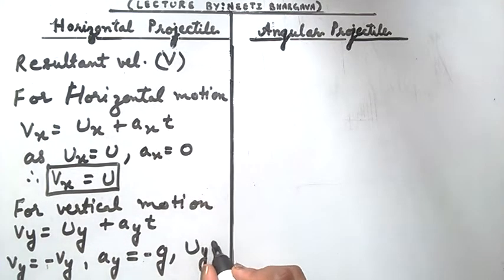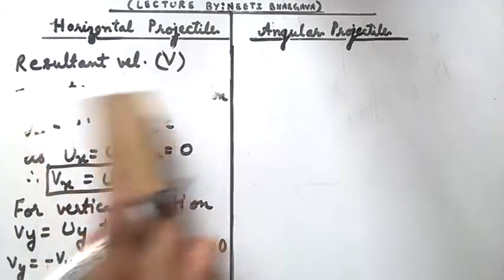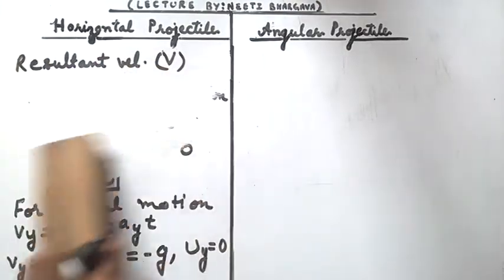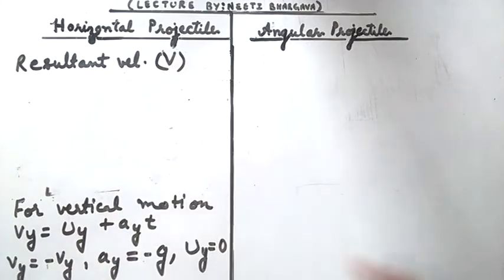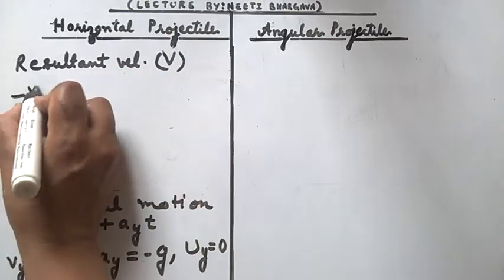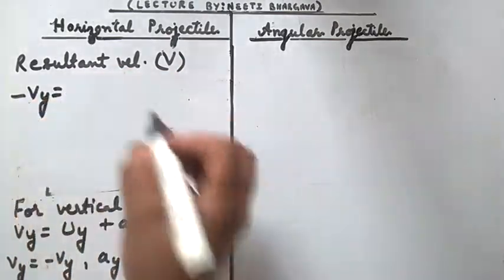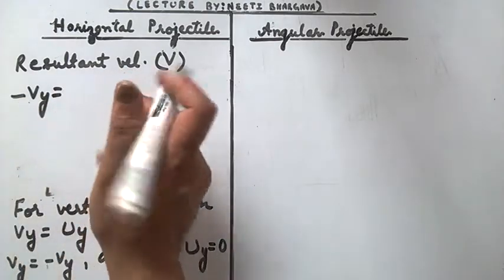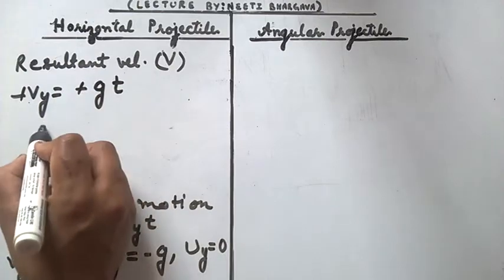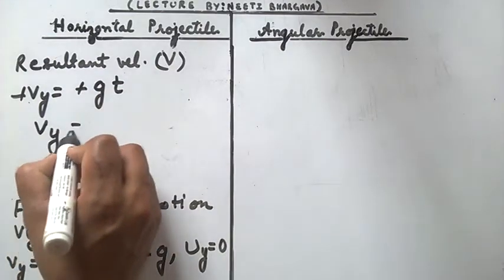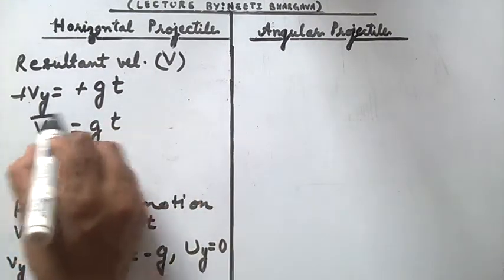Therefore, on substituting all these values, we get minus Vy equal to 0 minus gt, or Vy is equivalent to gt. So Vx is equal to u and Vy is gt.